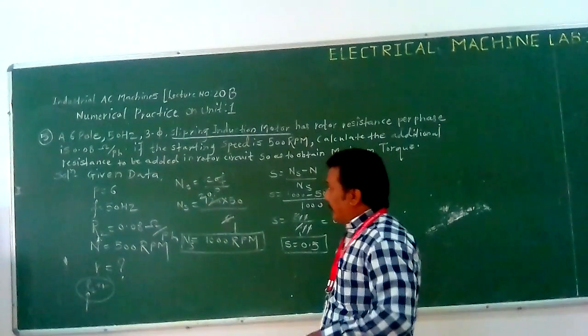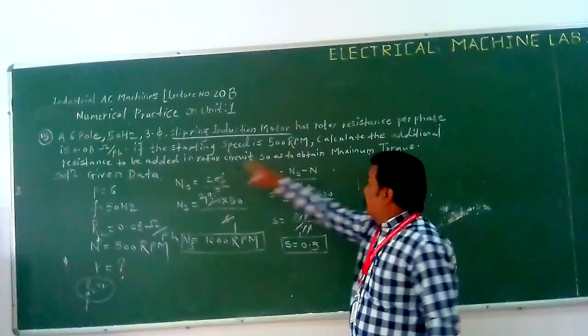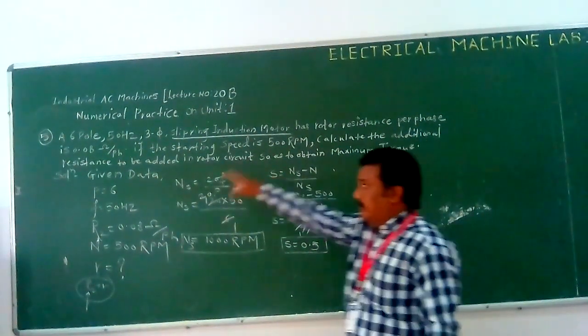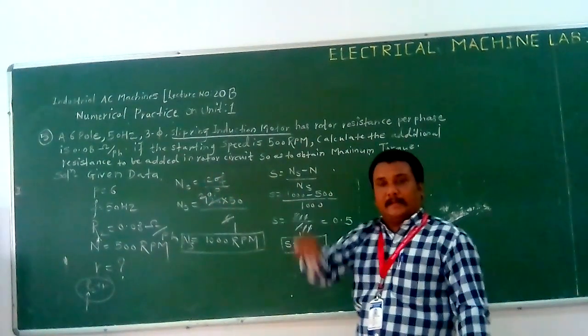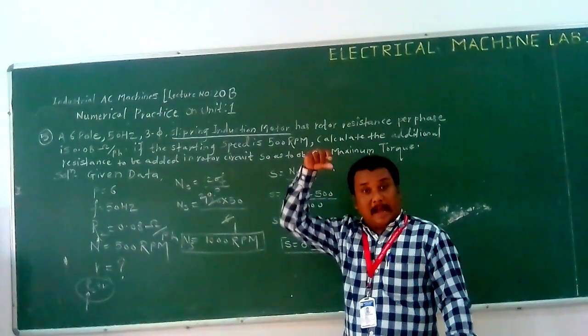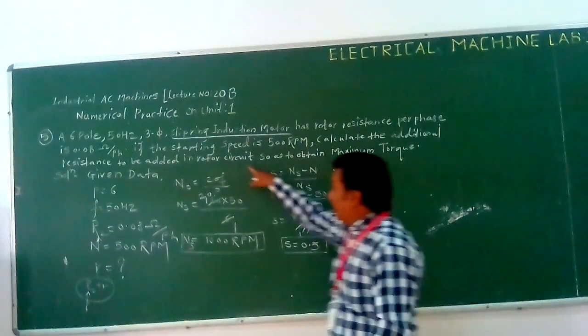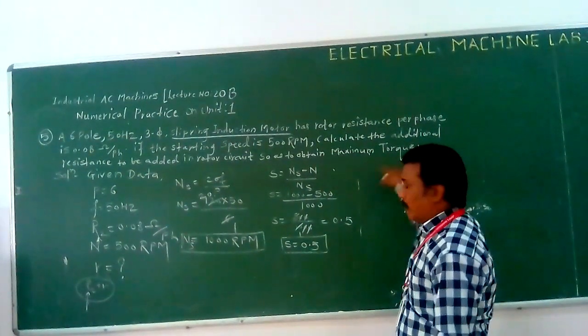Now look at one sentence. Calculate the additional resistances to be added. Means the rotor resistance we are adding at the starting moment in the rotor circuit so as to obtain maximum torque.